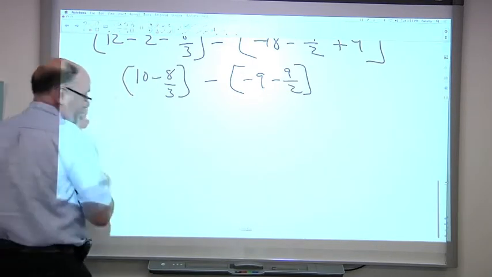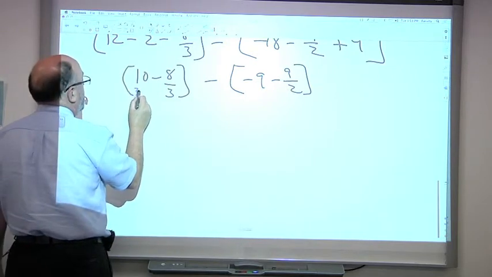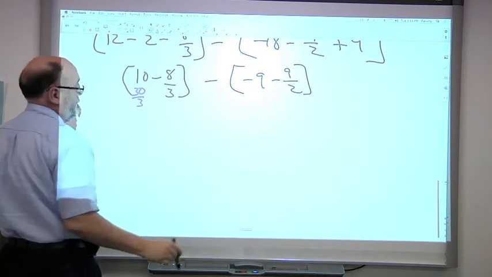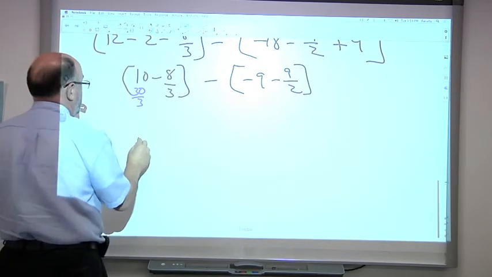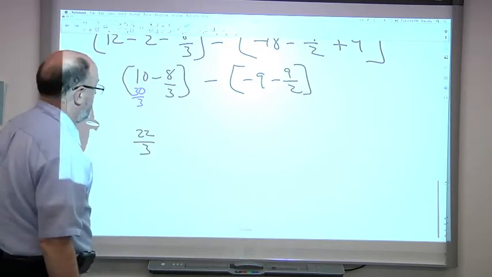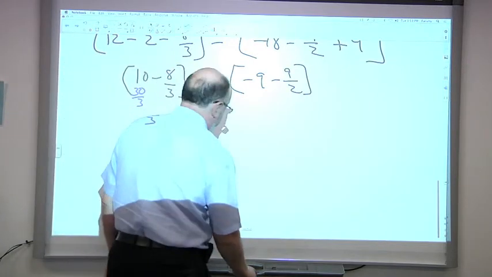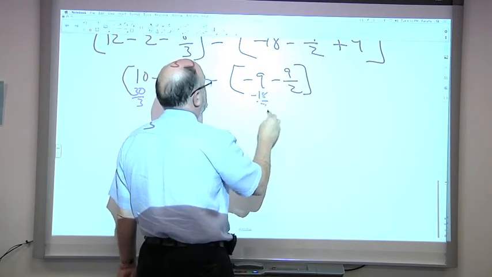So this, I can rewrite as 30 over 3. So 30 over 3 minus 8 over 3 is going to give us 22 thirds for that piece. Okay. And then over here, 9 will become 18 halves.